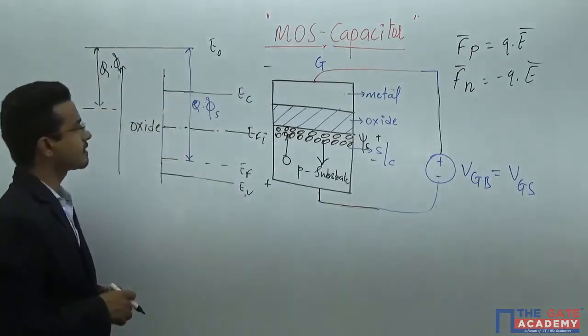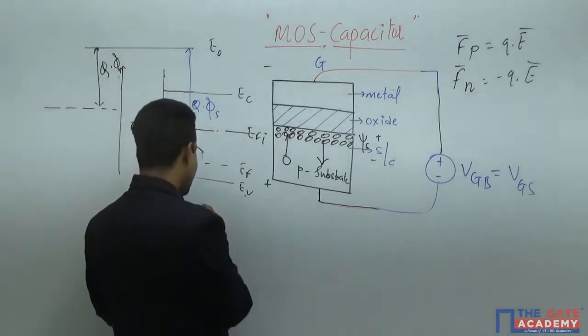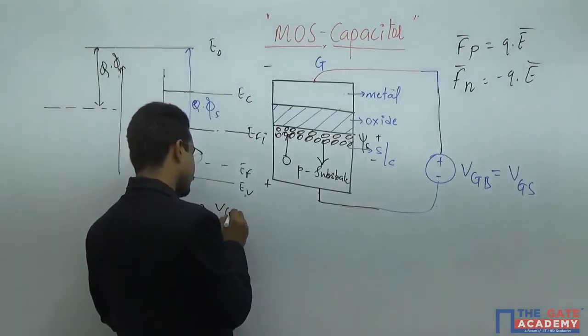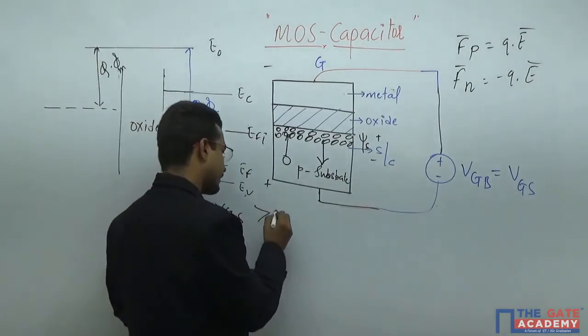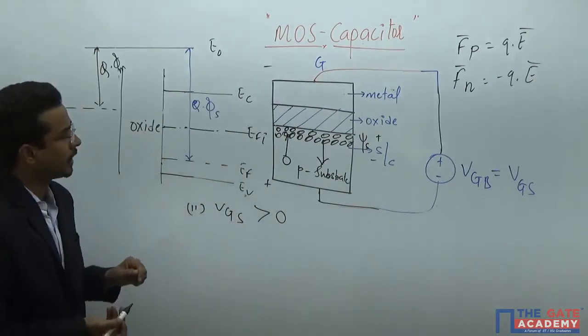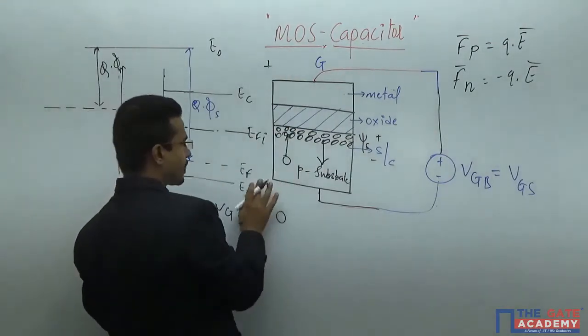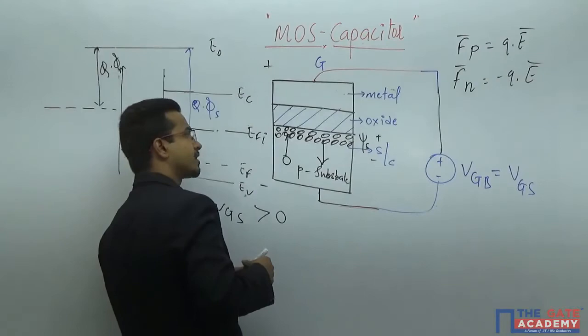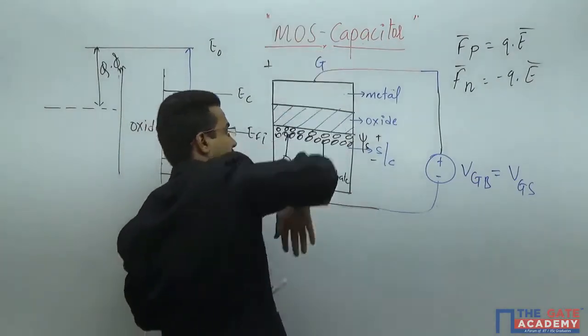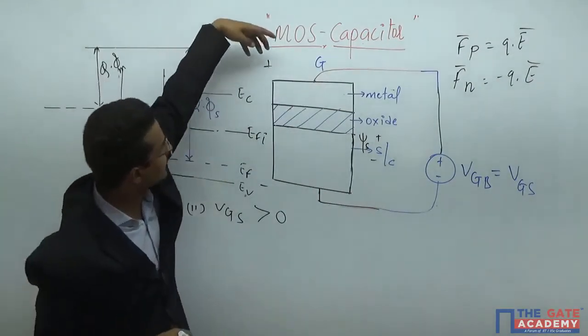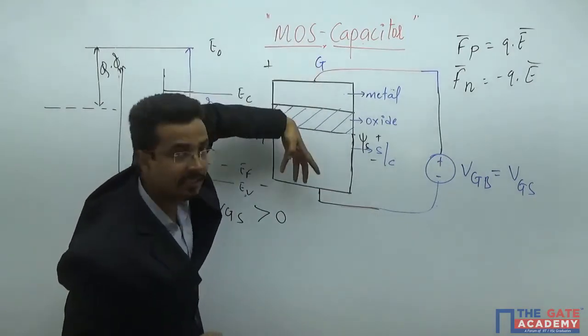Now my second case is when VGS is greater than 0. If VGS is greater than 0, this will be at higher potential than this, so the electric field direction will be downward.